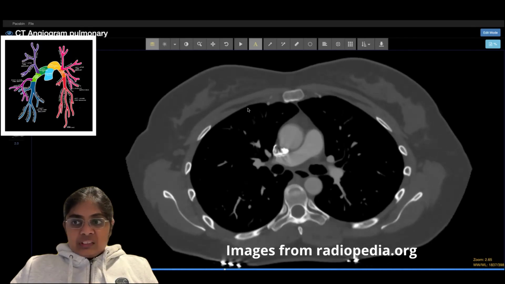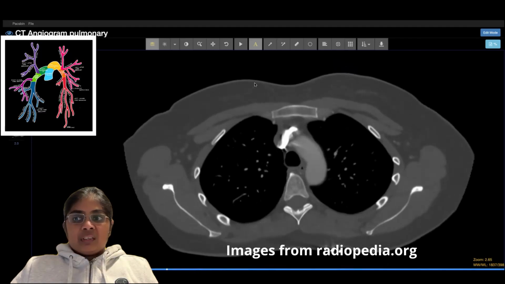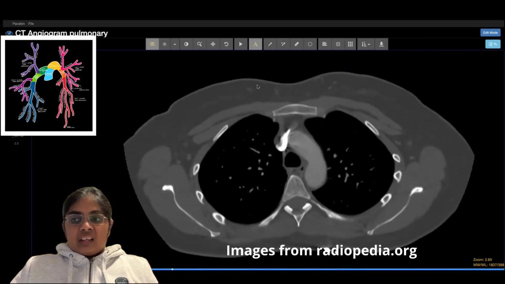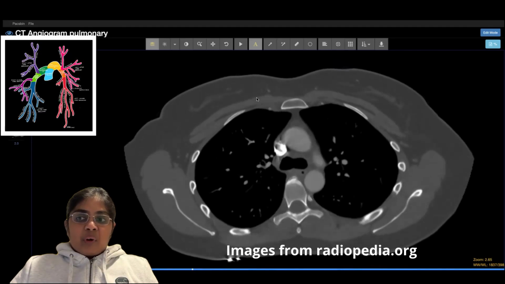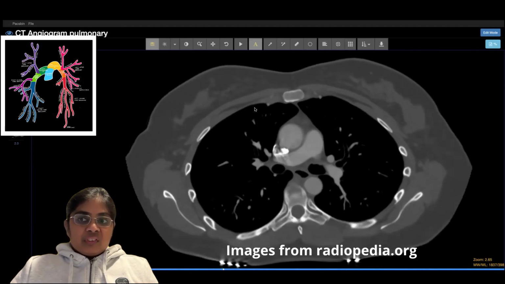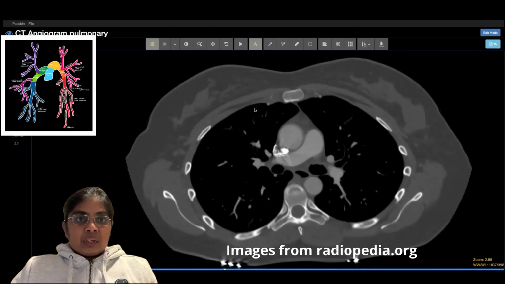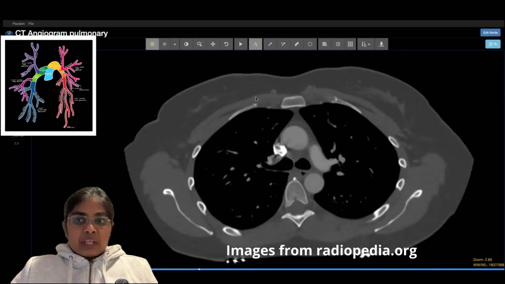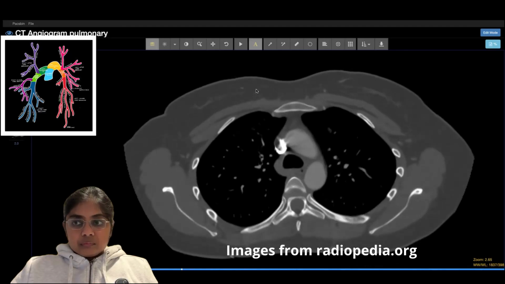What's important in me evaluating the pulmonary arteries is understanding the anatomy. So, for instance, the right upper lobe is supplied by the upper lobe pulmonary artery, which has got 3 segments, the apical, the anterior and posterior, which then splits into the subsegmental level.